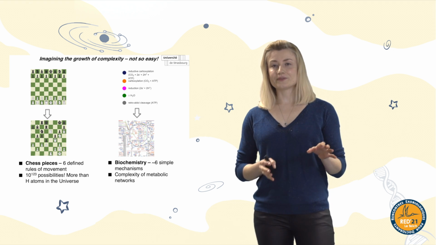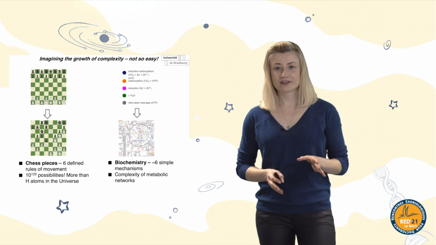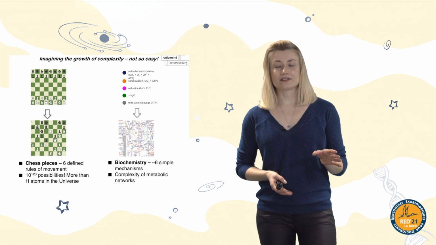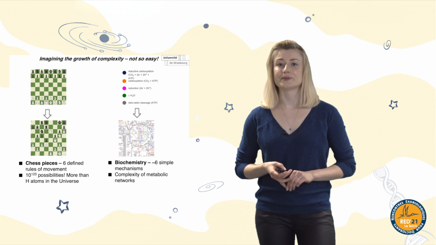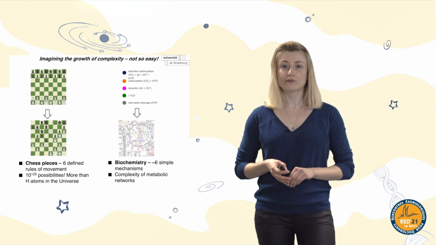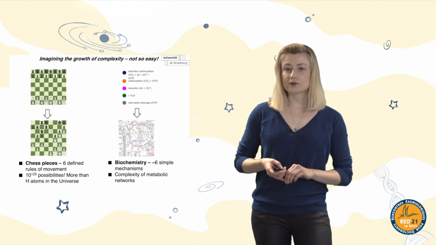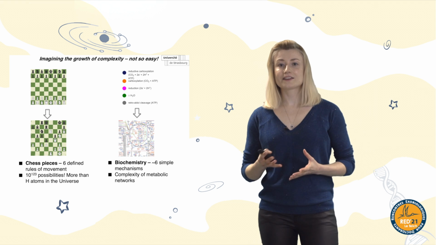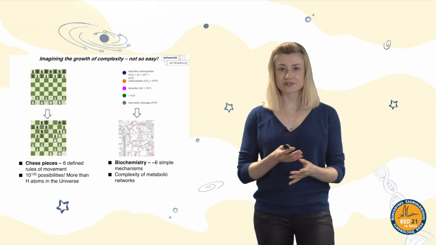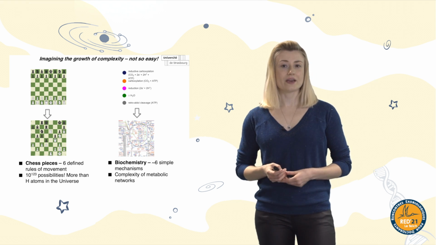And even though the rules of movement are only 6, the possibilities are almost unimaginable. There is a number of 10 to the power of 123, which is called the Shannon number for chess, which mathematicians have calculated to be the number of different possibilities for this game.